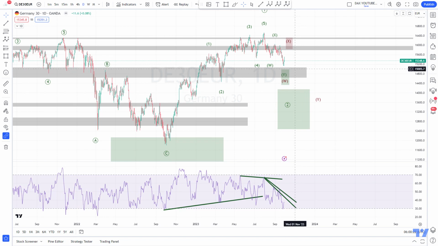And so what is possible is that we do an additional corrective leg here, so that this WXY in green is part of a bigger WXY. Then we would have W, 1, 2, 3, wave X, 1, 2, 3, and then again 1, 2, 3 down as a wave Y.